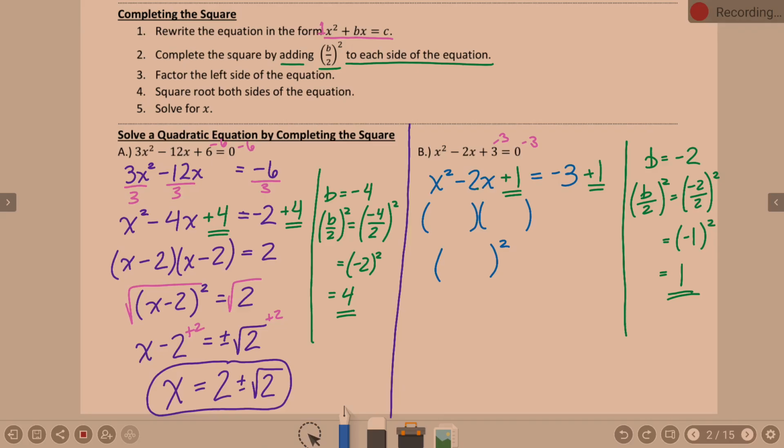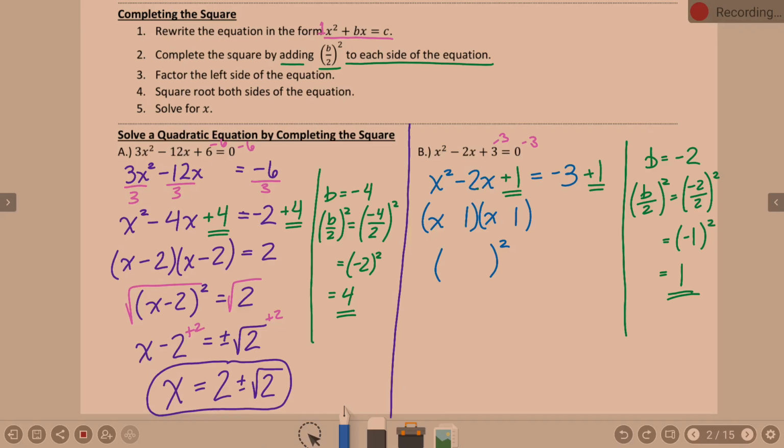X squared is x times x. Or what's the square root of x squared? It's x. 1. I need numbers that multiply to be 1 and add to be negative 2. Or what's the square root of 1? 1. What kind of signs do I need here? Negative.